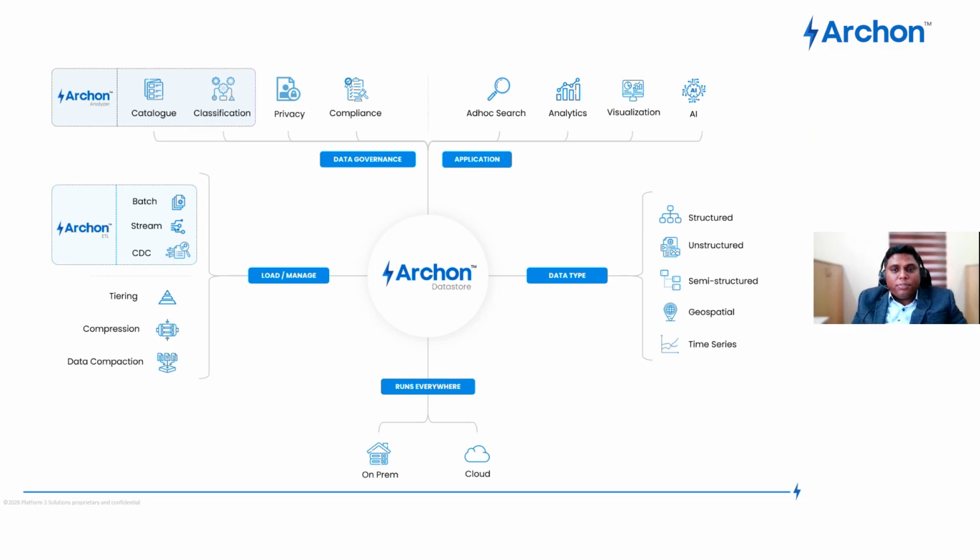So this kind of segregation of the data can be easily done with the help of the Archon analyzer, which analyzes all the data sets, all the source systems, and creates a complete catalog of the data, and also gives a lot of classification capabilities with respect to either sensitivity or type of the data, or based upon the age of the data, and in various streams, right?